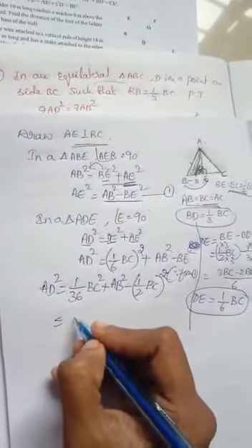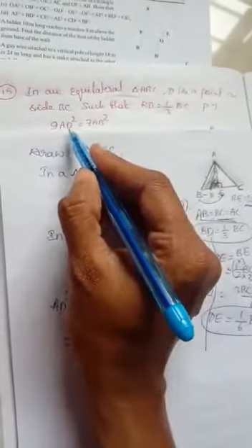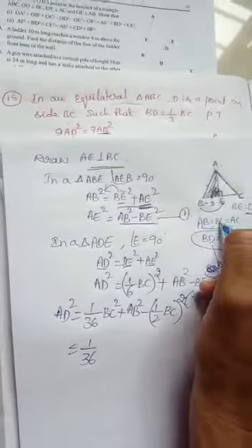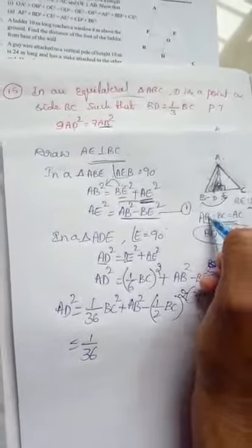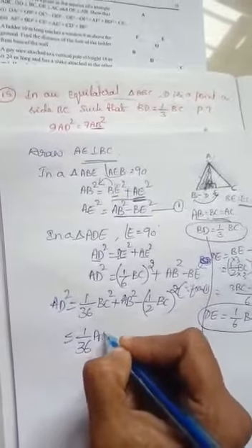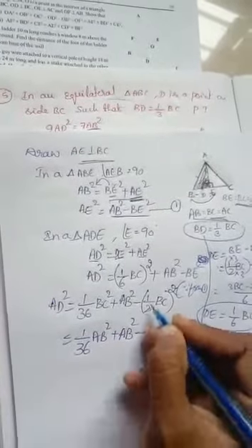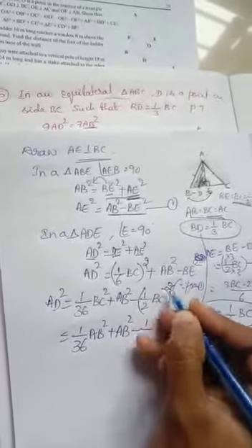1 by 36 BC square, in the way of proof, it consists of only AB. Therefore, we substitute the value of BC and AC in terms of AB. Therefore, AB square plus AB square, write it as it is, minus 1 by 2 2s are 4 BC square.